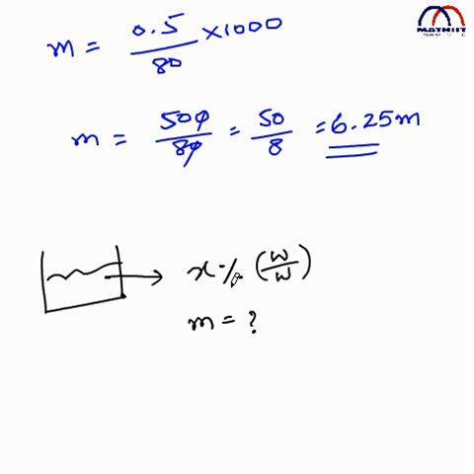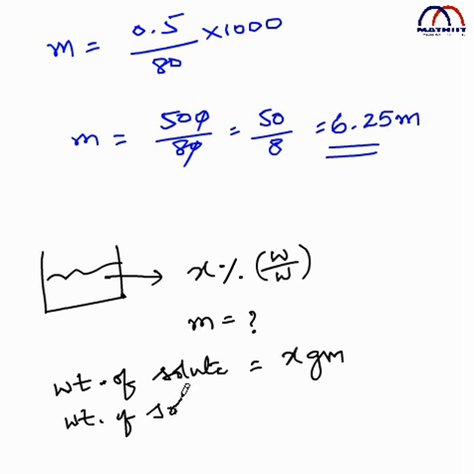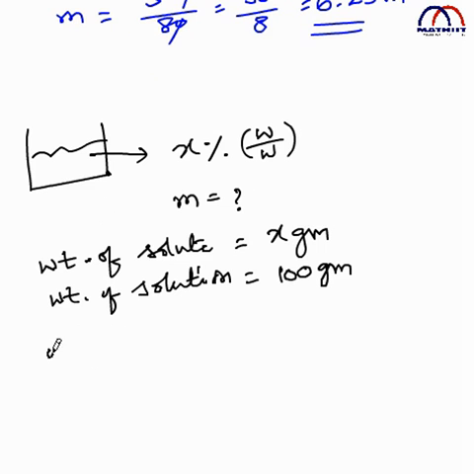As we have done in the previous problem, weight of solute is equal to X grams. Then what is the weight of solution in this case? That will be equal to 100 grams. Then weight of solvent is equal to how much? Weight of solvent will be equal to 100 minus X grams.